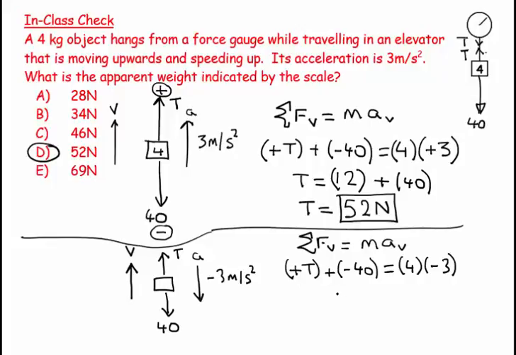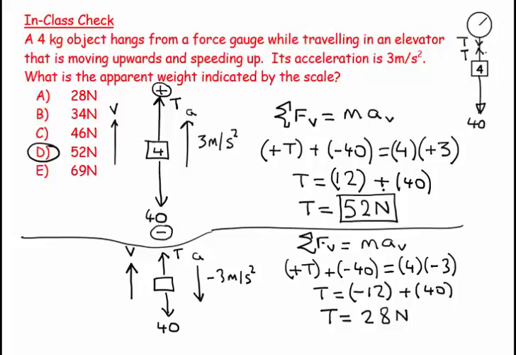So then T is equal to minus 12 added to plus 40. So T would equal 40 minus 12, 28 newtons. It would appear to weigh less while the elevator is slowing down on the way upwards. So we'd have a different answer on there.